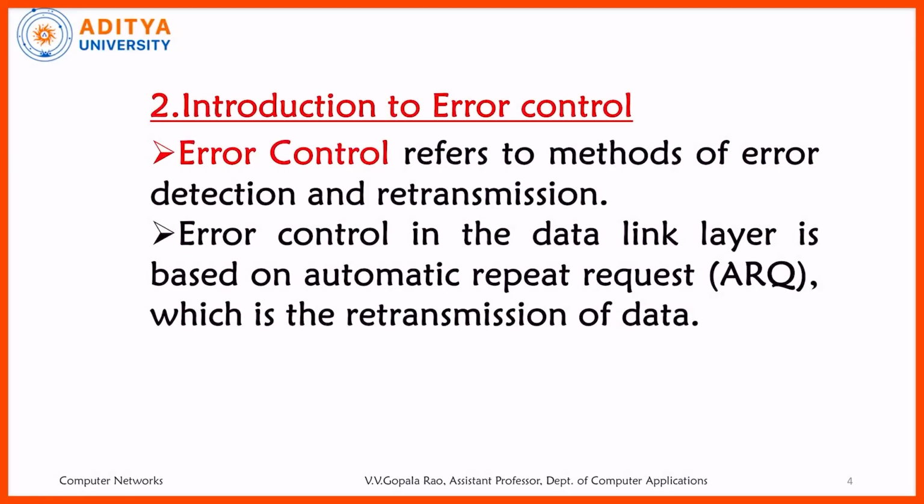Error control is another step to be carried out by the data link layer, which is meant for controlling errors through retransmission of data based on the acknowledgement made by the receiver.